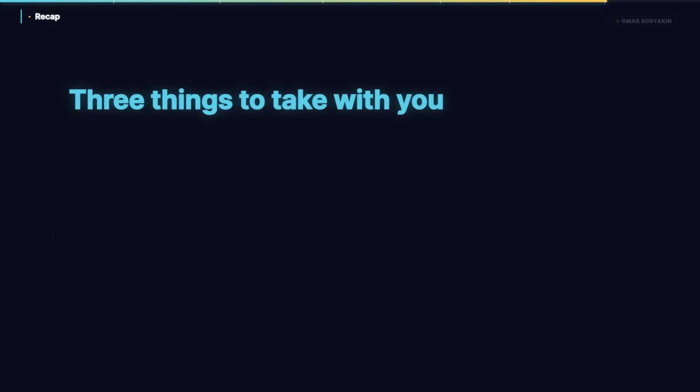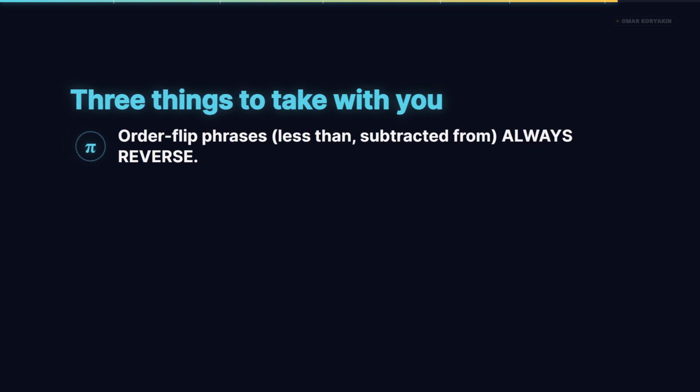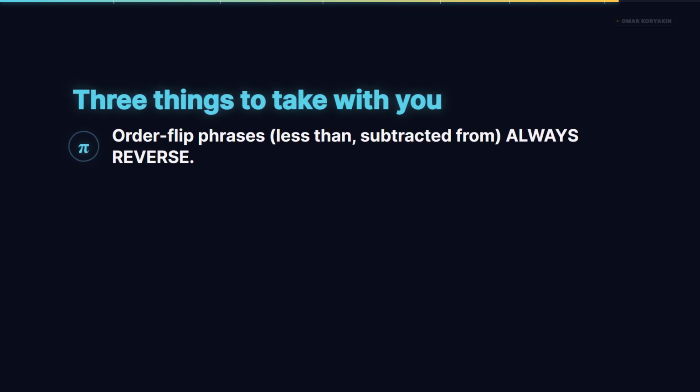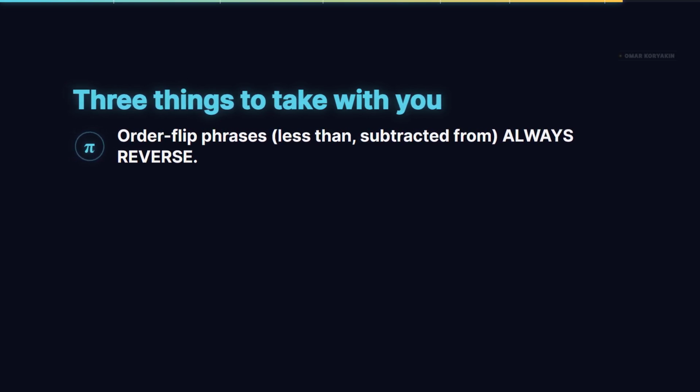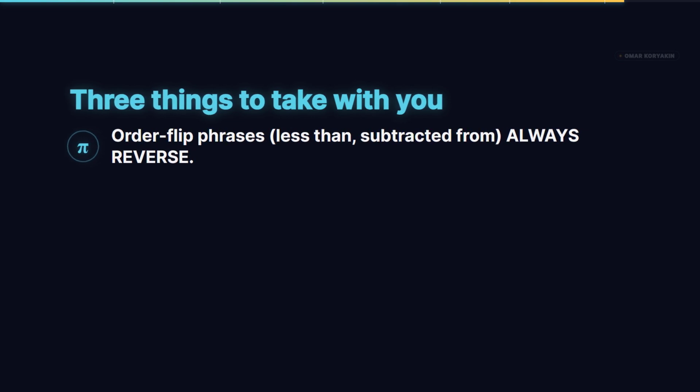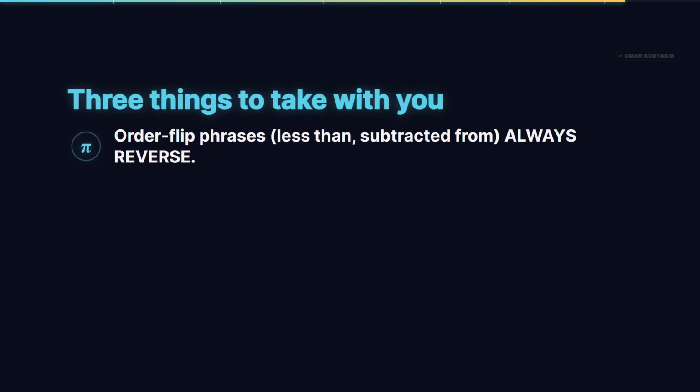Three things to take with you from this lesson today. Translation traps account for nearly all word problem errors in beginning algebra, and a small library of trap handling templates lets you avoid almost every one of them automatically. First, the order flip phrases "less than," "subtracted from," "fewer than," and "reduced by" always reverse the natural left to right reading on the page. 5 less than a number is the variable minus 5, not 5 minus the variable.